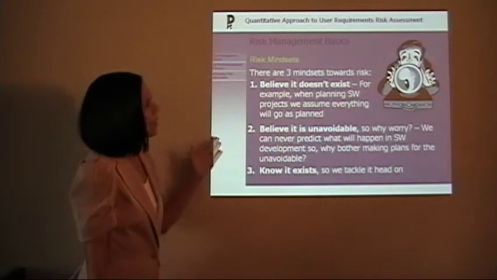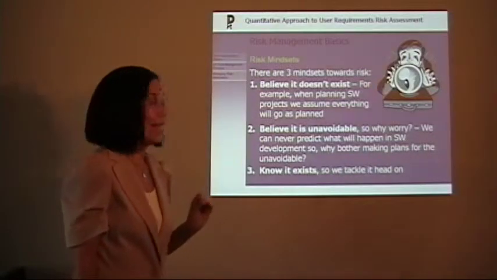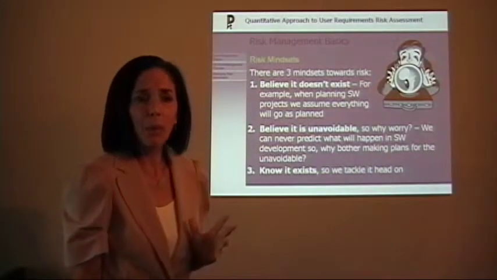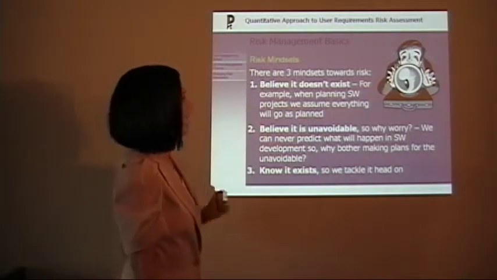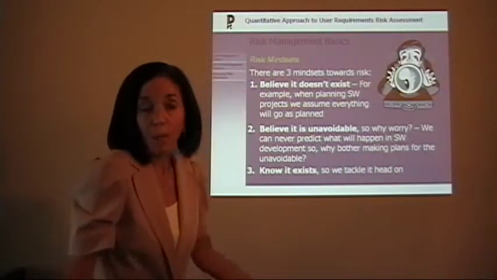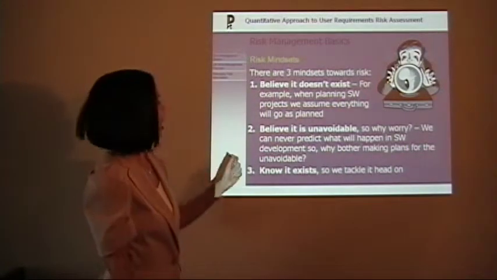And there are three mindsets with respect to risk. The first one is that we may believe it does not exist. For example, we are planning a software development project, but nothing will go wrong, so obviously I will not take into consideration anything that may go wrong in the project.